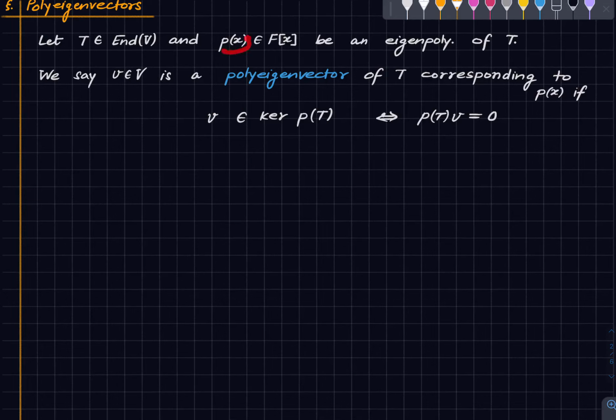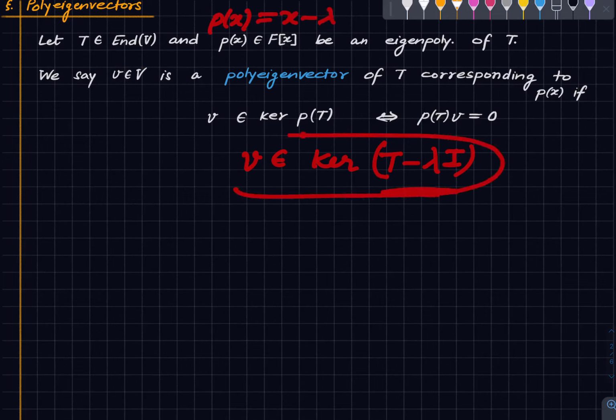If this was a degree 1 eigenpolynomial, meaning it was corresponding to an eigenvalue, then it would look like x minus lambda. And then a polyeigenvector would be a vector v such that v is in the kernel of T minus lambda I, because if P(x) is equal to x minus lambda, then P(T) is that guy, and hence this would be the meaning of v being a polyeigenvector corresponding to this particular eigenpolynomial.